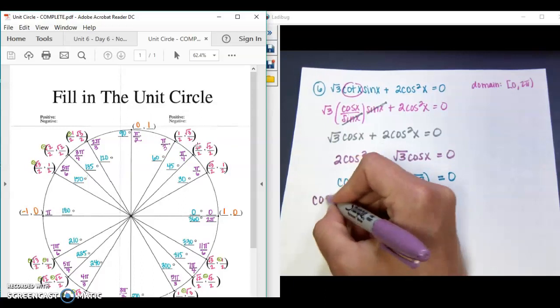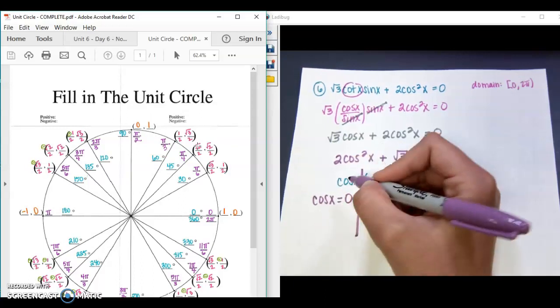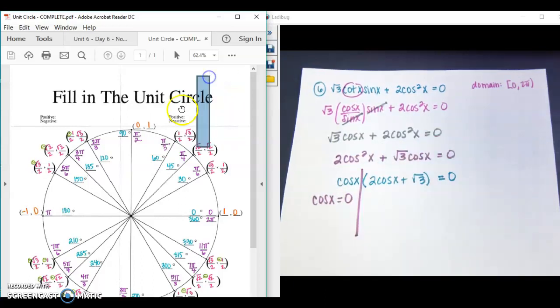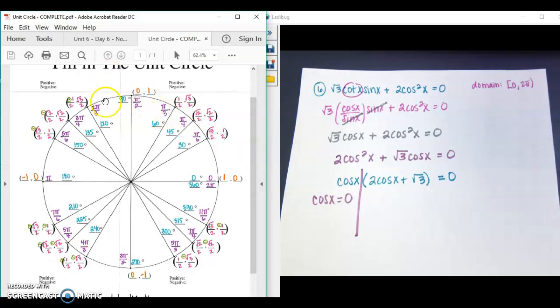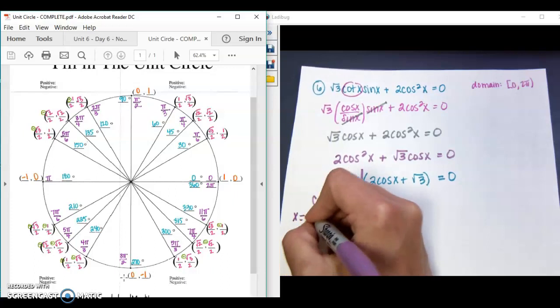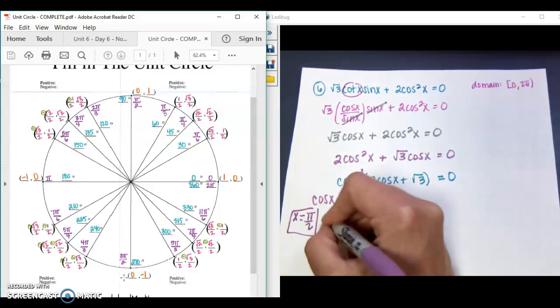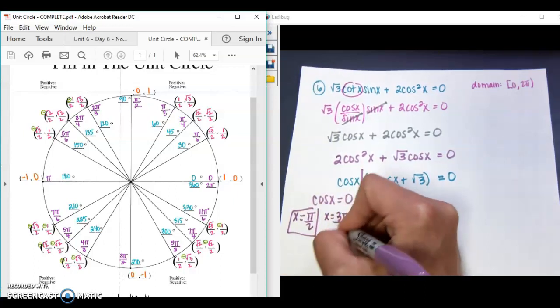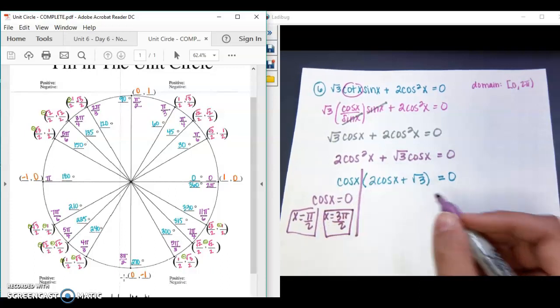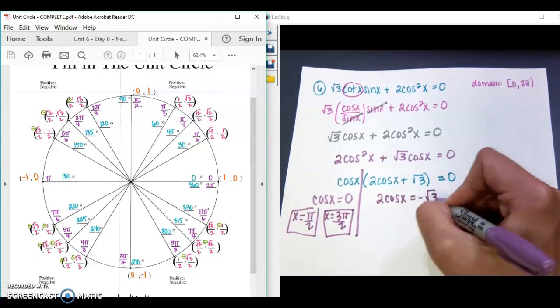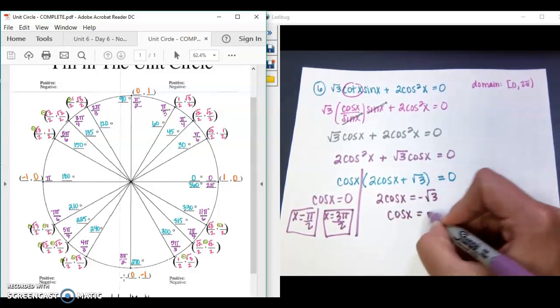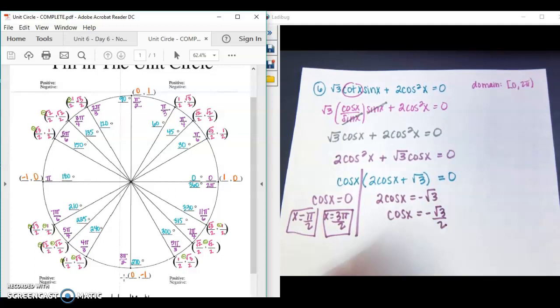On the left-hand side, we have just cosine x equals 0. So on your unit circle, your cosine or your x value where it's 0 happens at pi over 2 and at 3 pi over 2. And then on the right-hand side, if we solve this for cosine, we're going to get negative square root of 3 over 2.